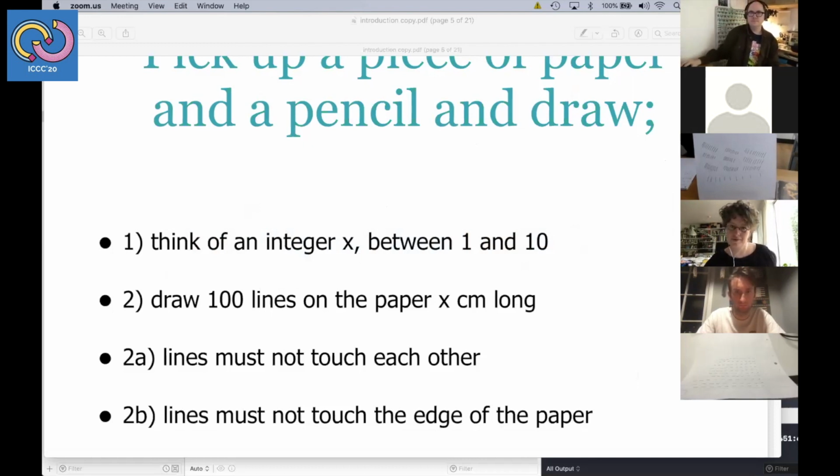And I think that maybe subconsciously, at least me, but maybe also George, have adopted that strategy, because while I was drawing, I was thinking it has to be very easily checkable whether there are actually 100 lines on the paper of equal length. And while many of them are artistically more beautiful than mine, I think mine is really easily checkable. So I think the algorithms are creeping in there in the strategy.